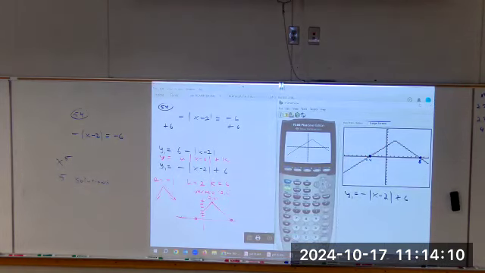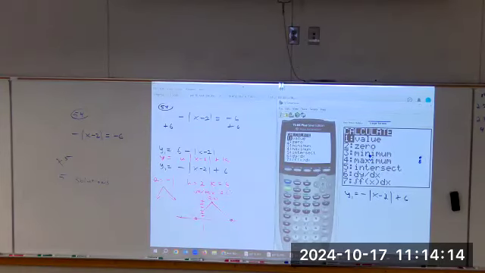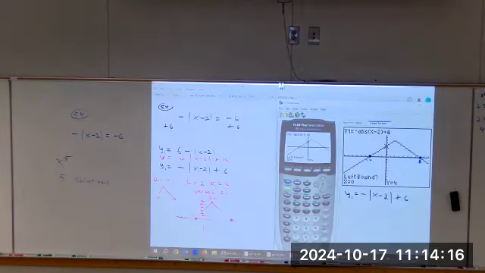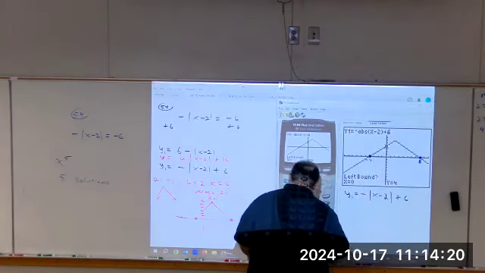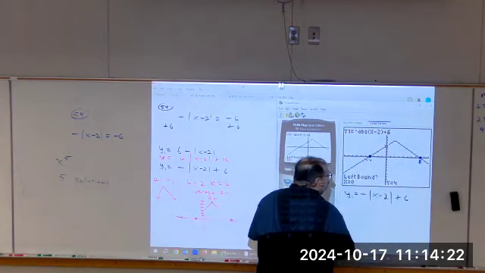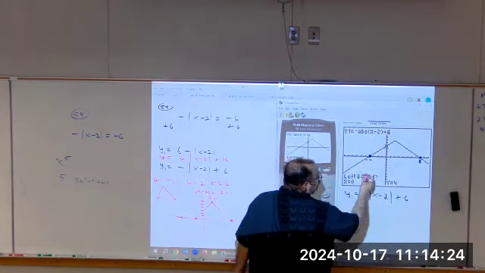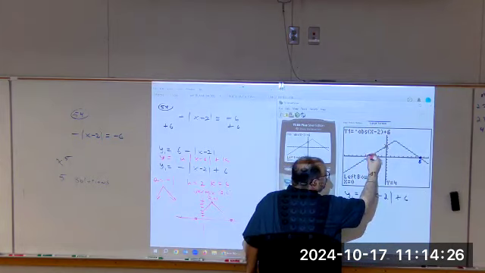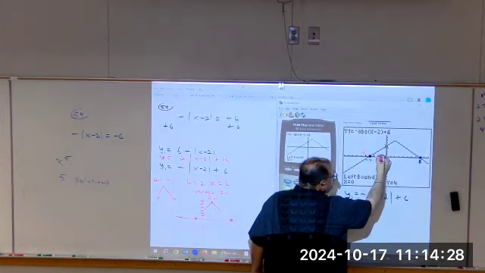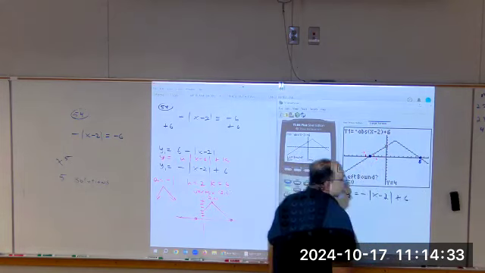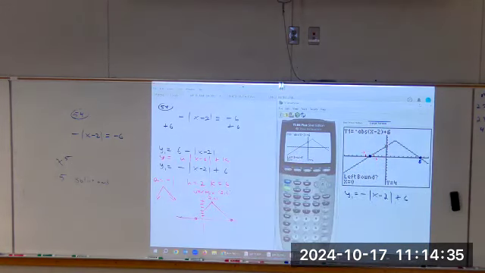So we go to calc. Let's find the first zero, option 2. Left bound. That appears to be negative 4, but you don't punch in negative 4. You have to tell it where to look in between. This is negative 5 and this is negative 3, so we tell it to look in between negative 5 and negative 3.